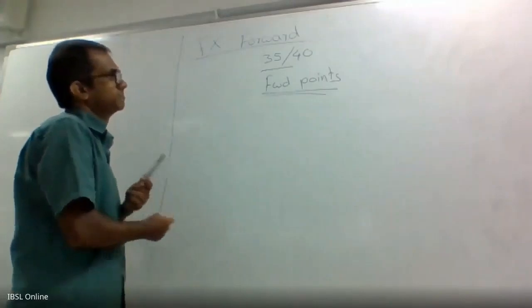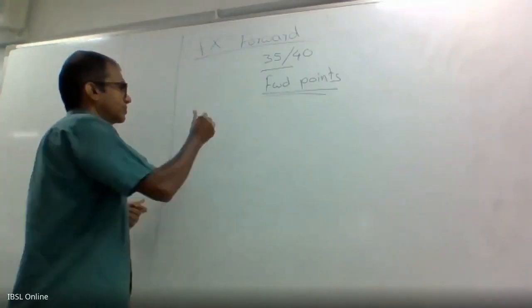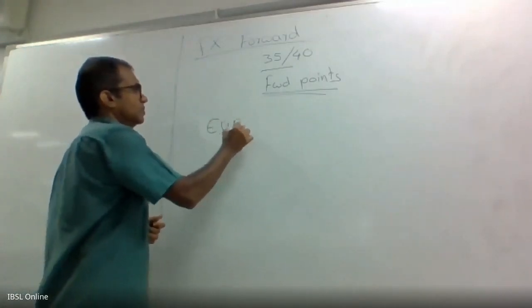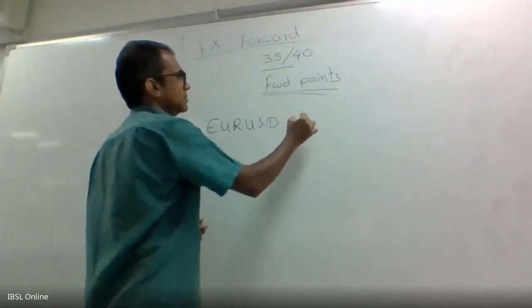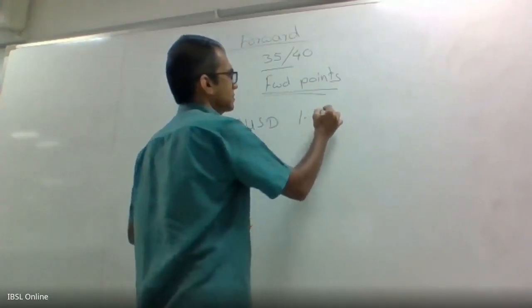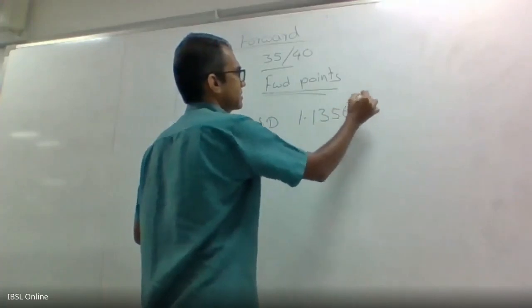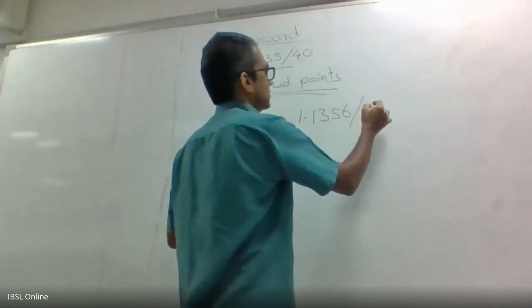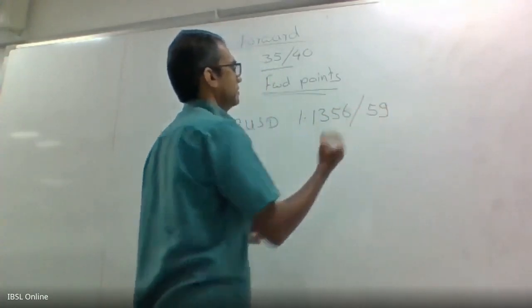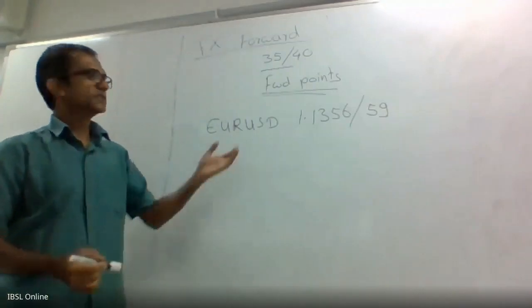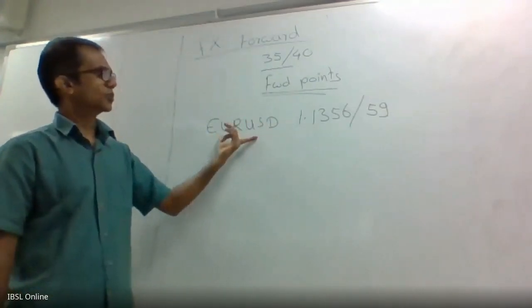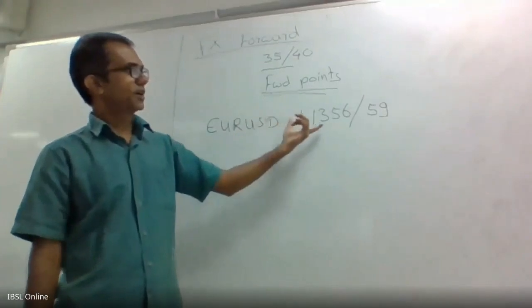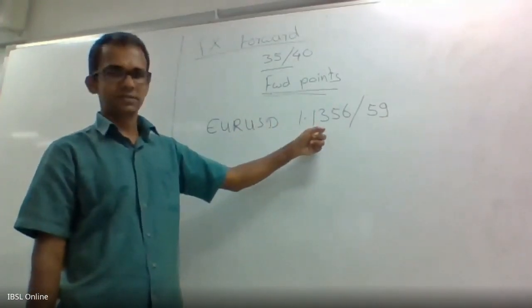Assume this is for Euro USD, 1.135659. This is the spot rate, the Euro dollar spot rate. This is bid.